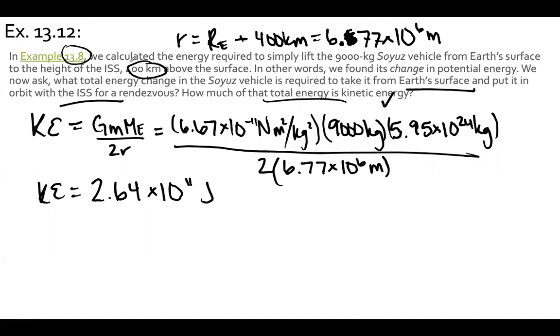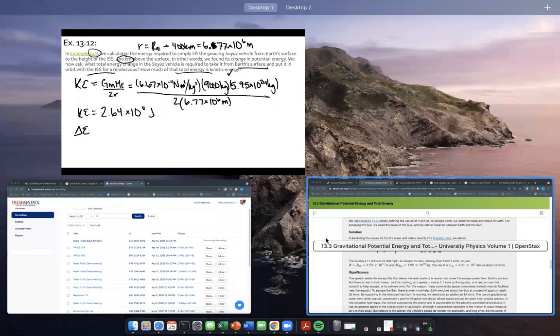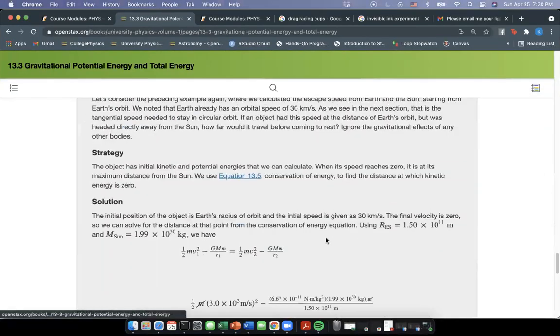Maybe it was a different one. So we want delta E. So let me go to our textbook and look for example 13.8.